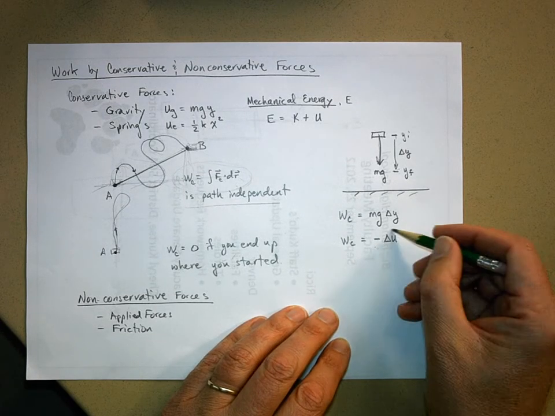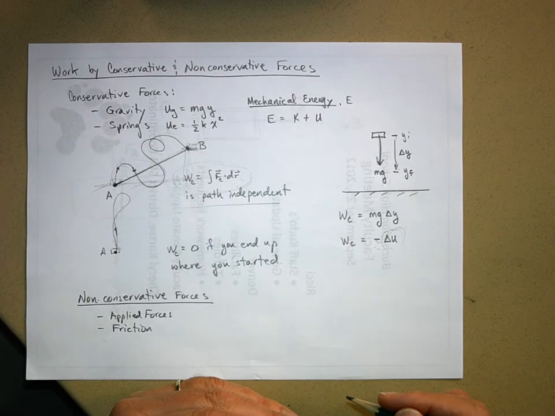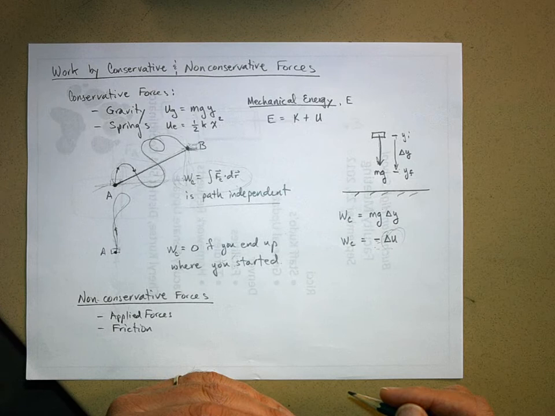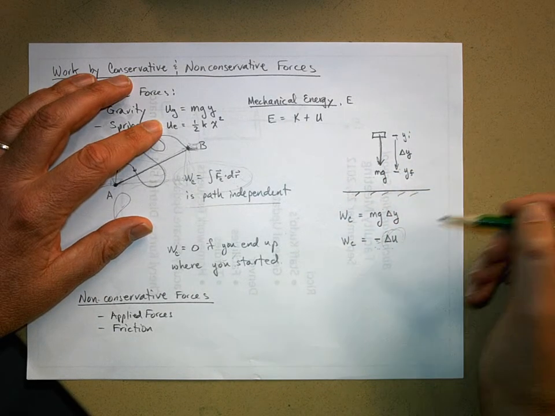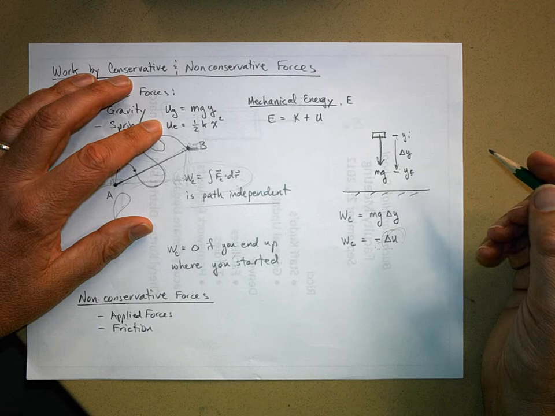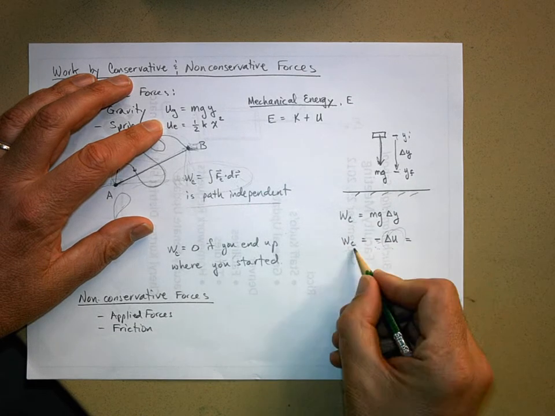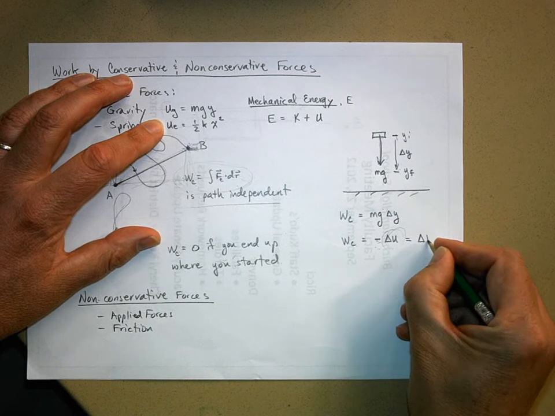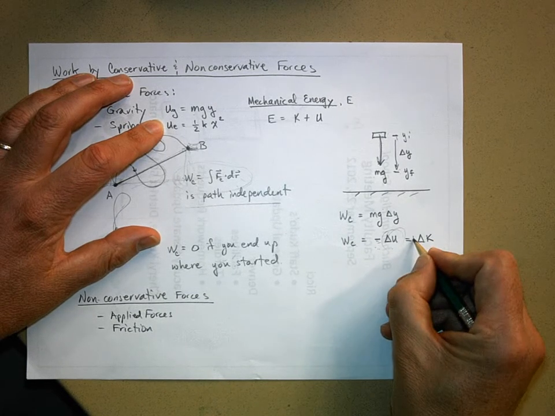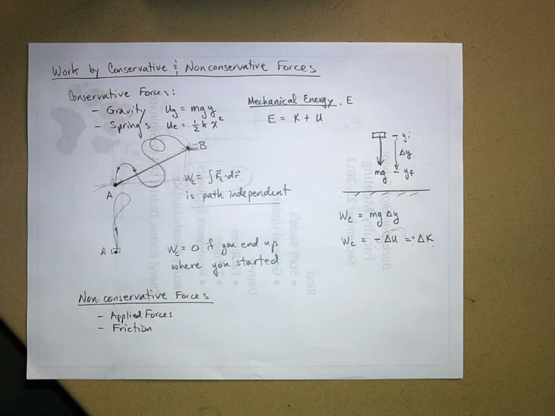When this quantity right here is a negative quantity, we lose gravitational potential energy. Now, if this is the only force acting, where does that energy go? Well, the work done by that conservative force, now the conservative force is the net force, will be equal to an increase in kinetic energy. Okay?